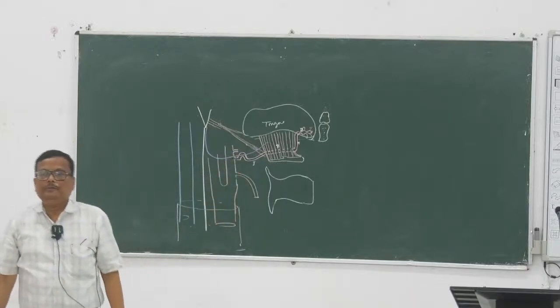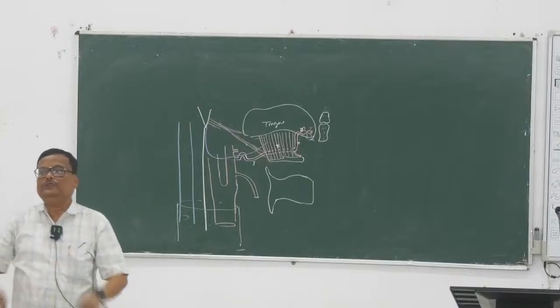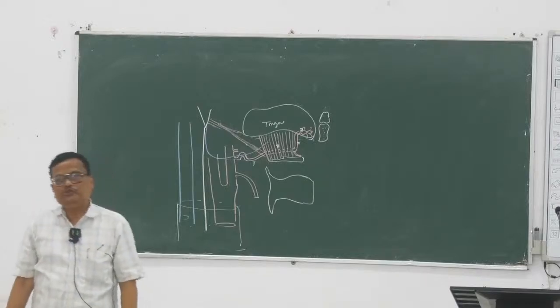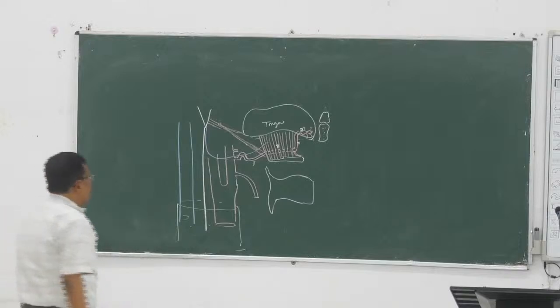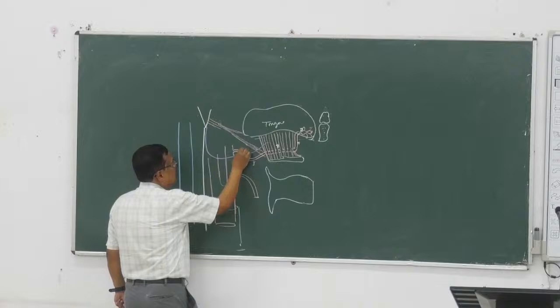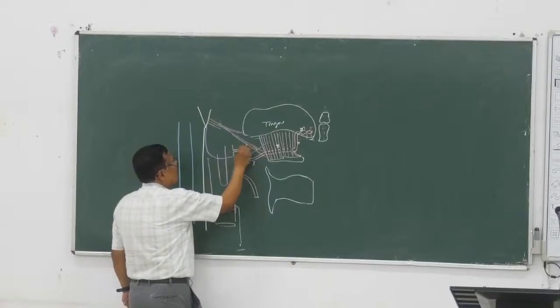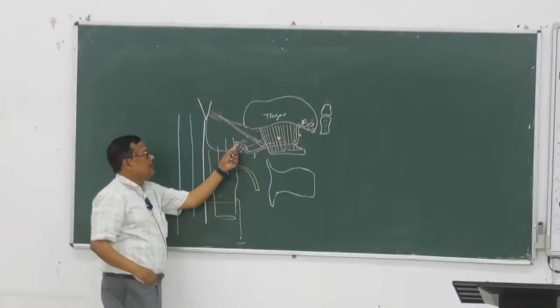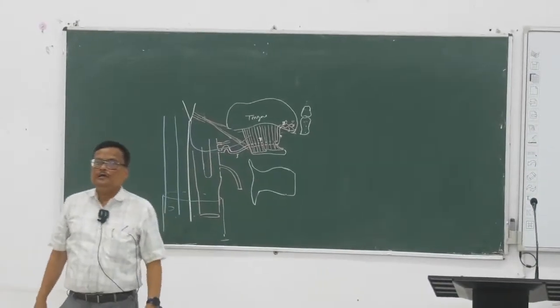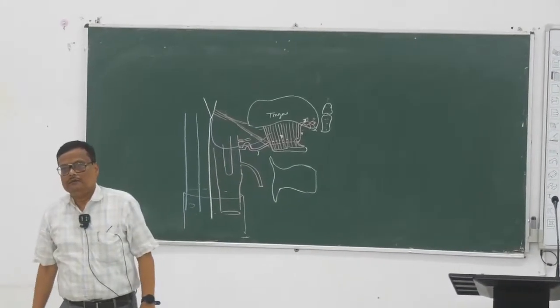Sometimes it may take origin along with the lingual artery, a common origin. Then we call it linguofacial trunk, whatever it may be. It then courses anteriorly in the carotid triangle. So the first part of the facial artery is in the carotid triangle.